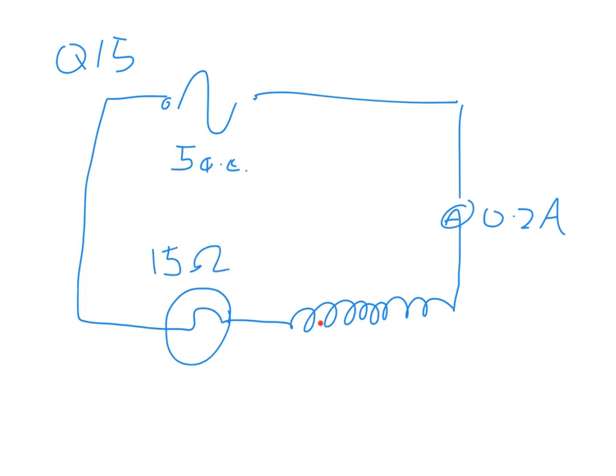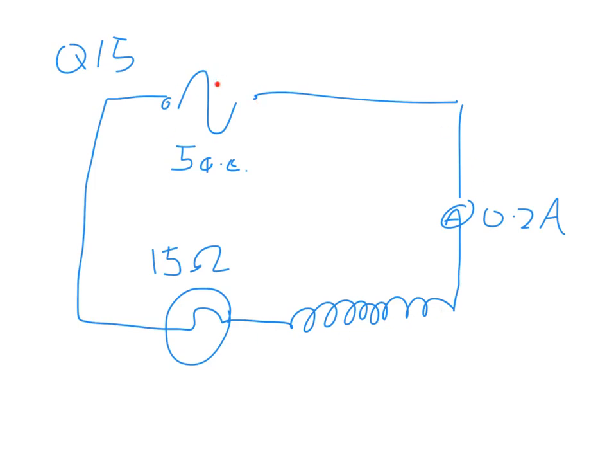And we're asked to find out what the induced EMF in this coil is. Now, the way that I think we could go about that is by trying to figure out what the effective voltage is in this circuit.